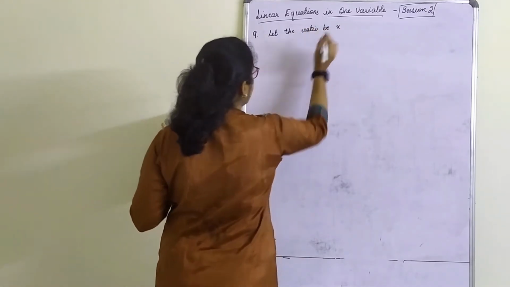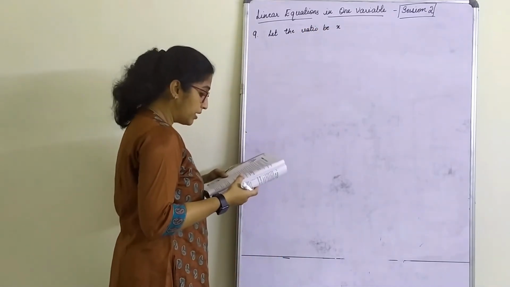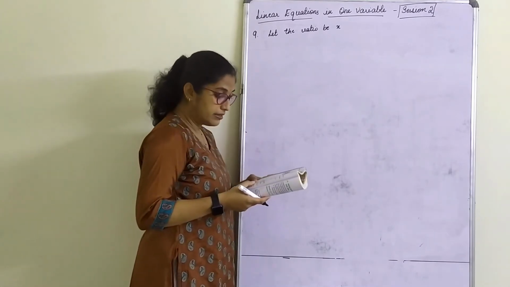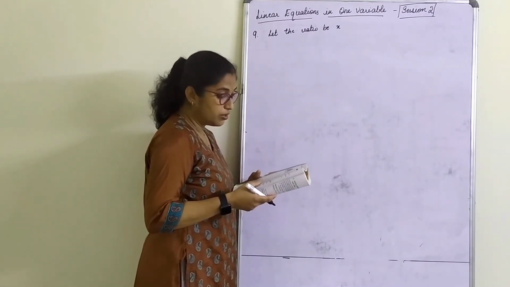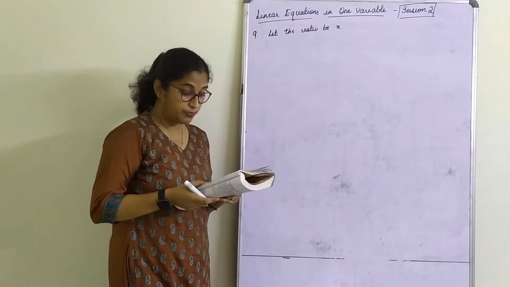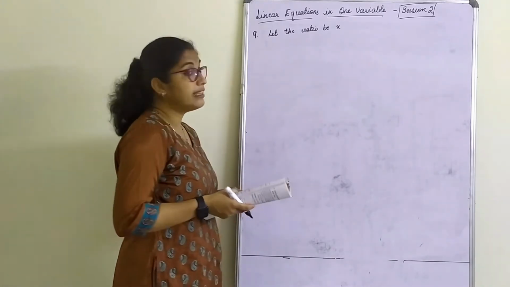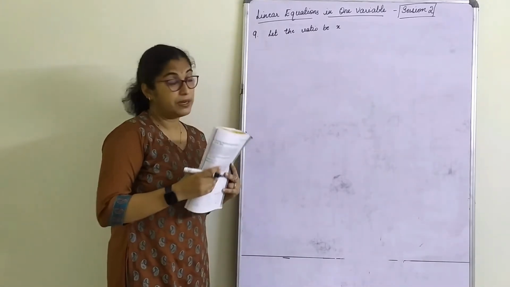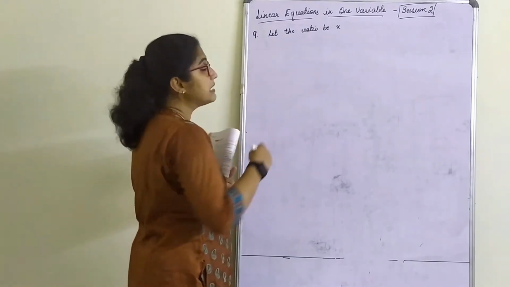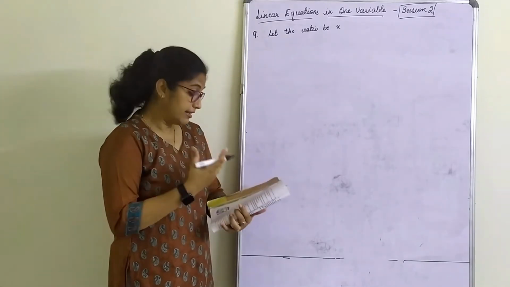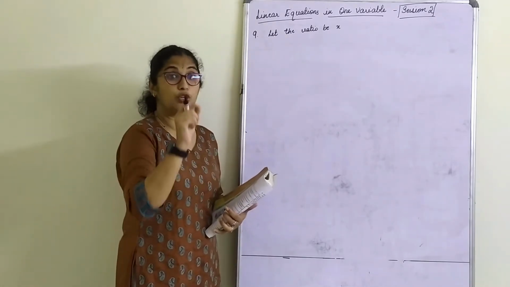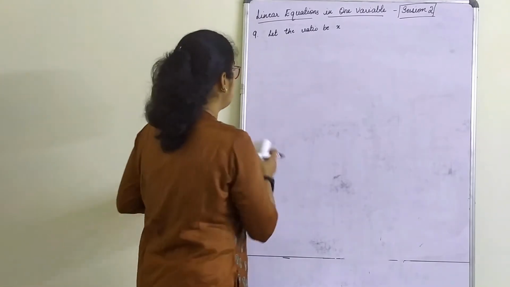That is x we are choosing as the ratio. Ages of Harun and Rahul are in the ratio 5:7. So let their present ages be in the ratio 5x and 7x.